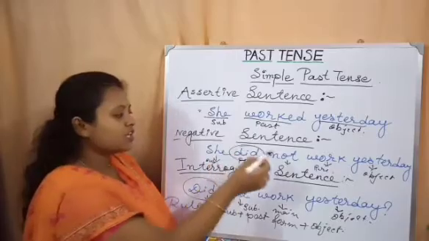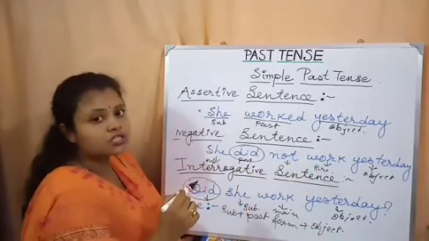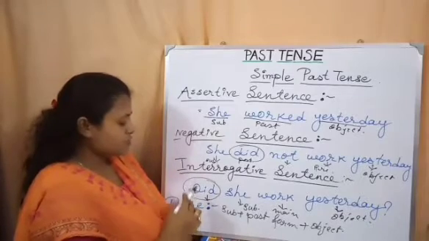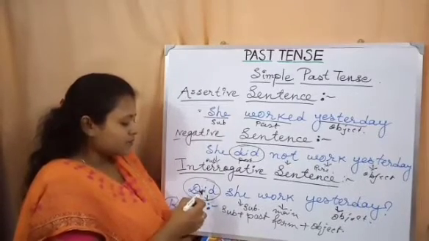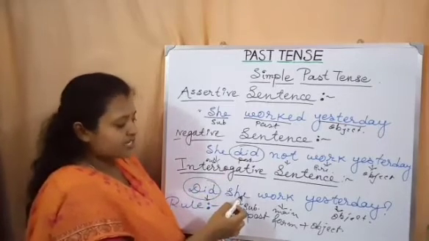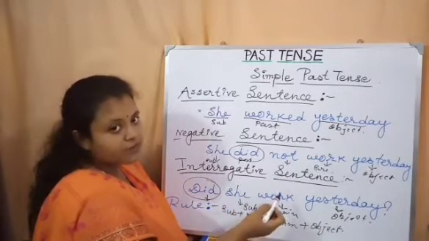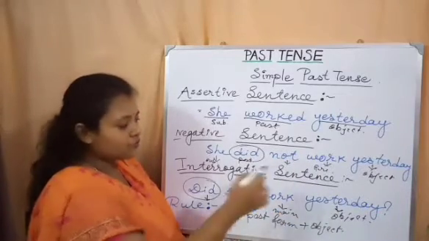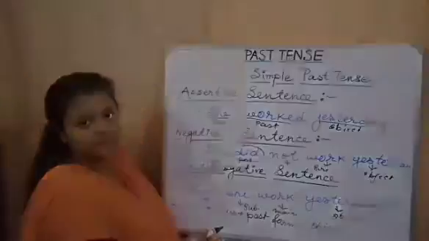The same rule, only you have to add not here. In interrogative sentence, what will be the rule? First you have to write the past form of the auxiliary verb, then the subject, then the main verb, the present form of the main verb, then the object. Then obviously the question mark.